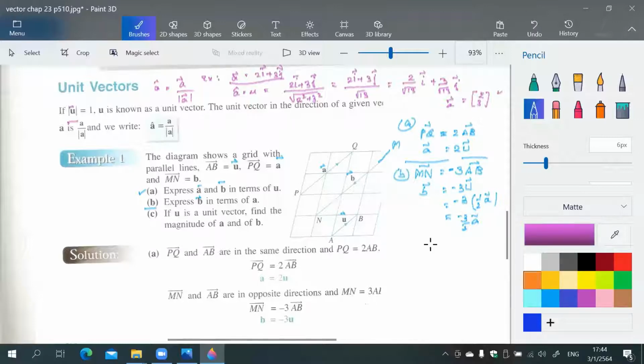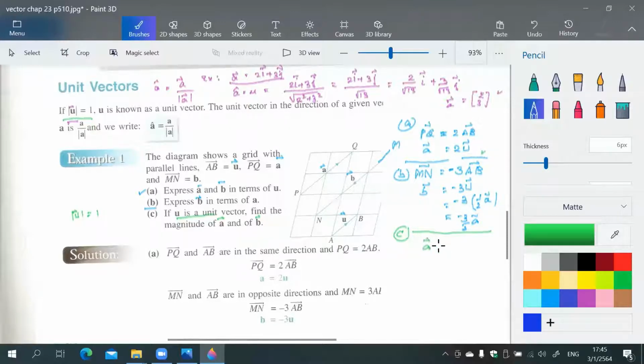Now go to question C. If U is a unit vector, find the magnitude of vector A and vector B. That means find the length of vector A and the length of vector B. If U is a unit vector, that means the length of vector U equals 1.